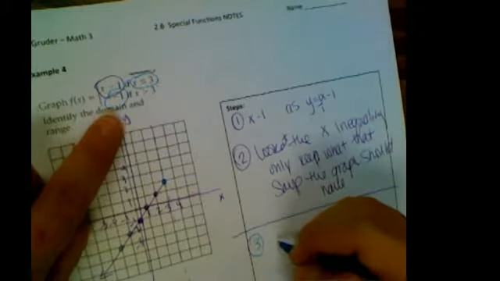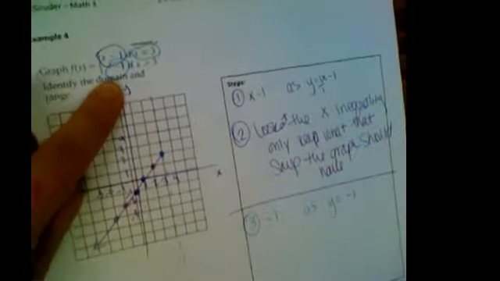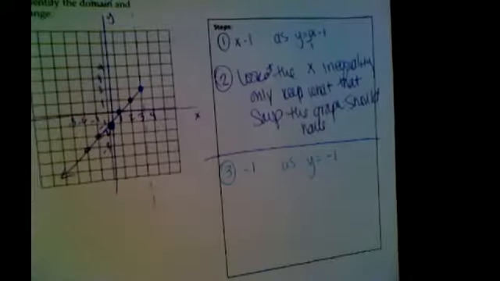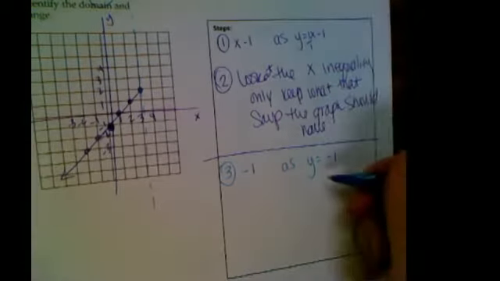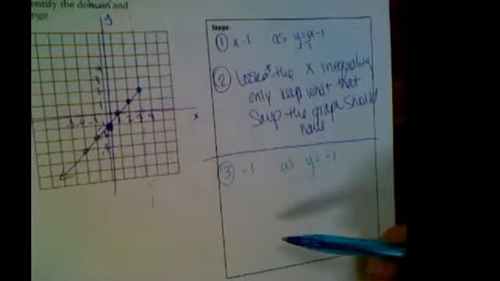Okay, and then you're going to start over. The next graph that it has is -1. So we're going to think of -1 as y equals -1, which means I go to y equals -1 and I put a dot, right? And that is going to be a horizontal line across.